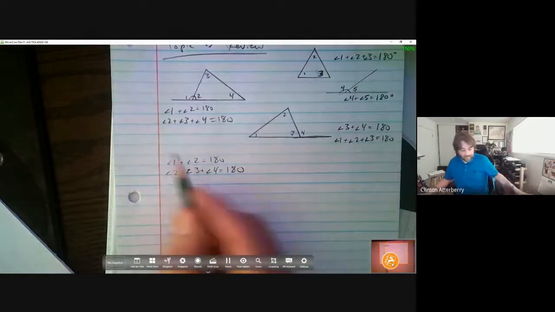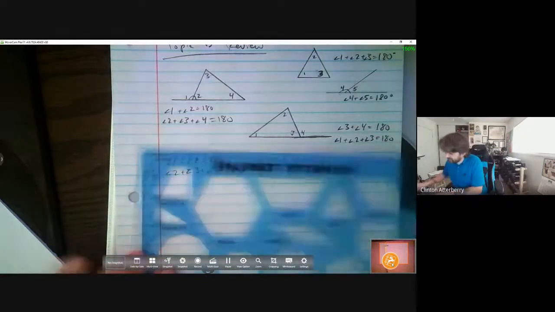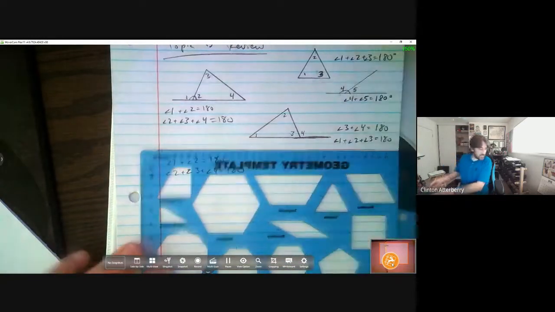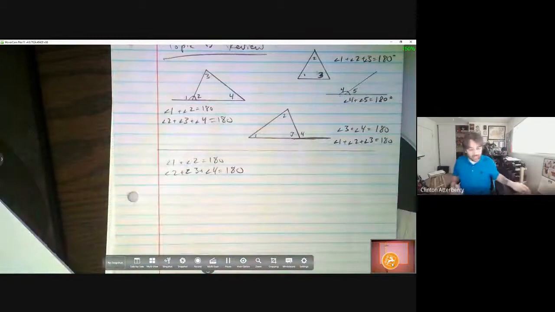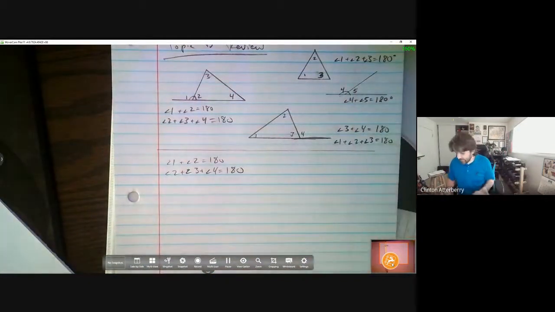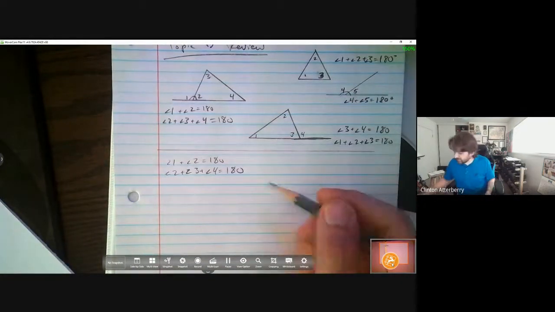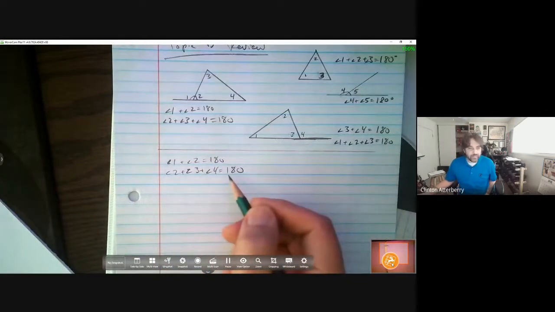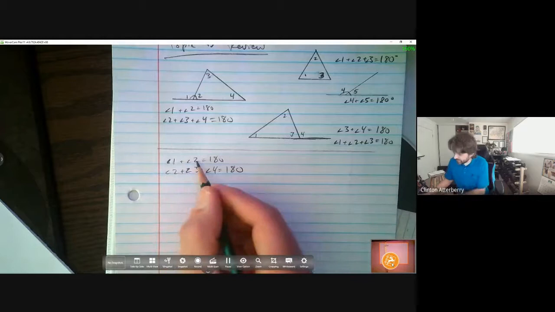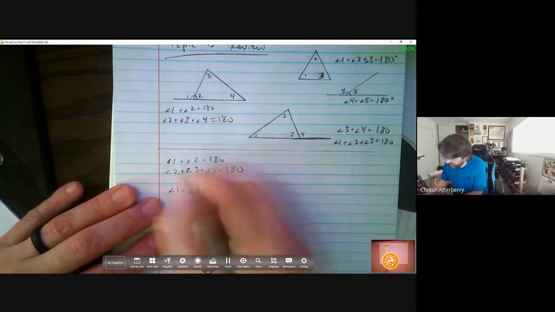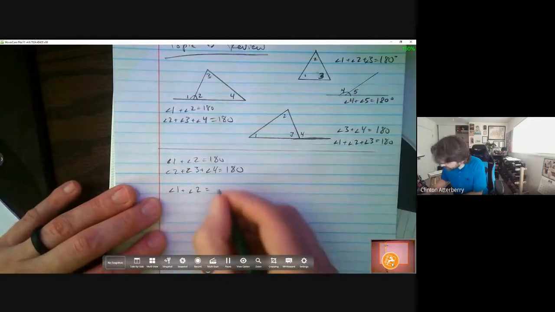So if I know these two facts, that every triangle has 3 sides, 3 angles, all the angles add to 180, and every time you have a straight line with angles, the whole straight line adds up to 180, here's some knowledge. If these both equal 180, doesn't that mean that angle 1 plus angle 2 has to equal angle 2 plus angle 3 plus angle 4?